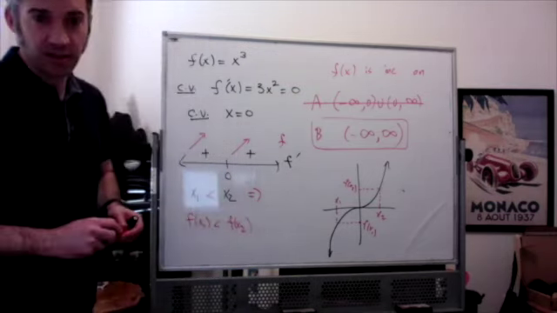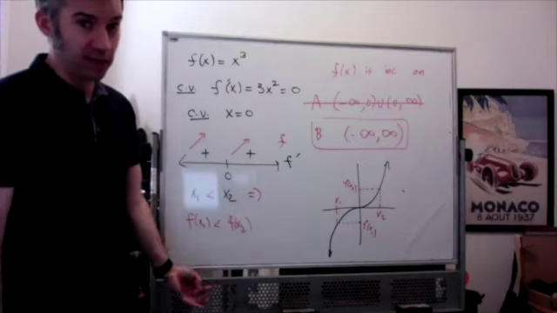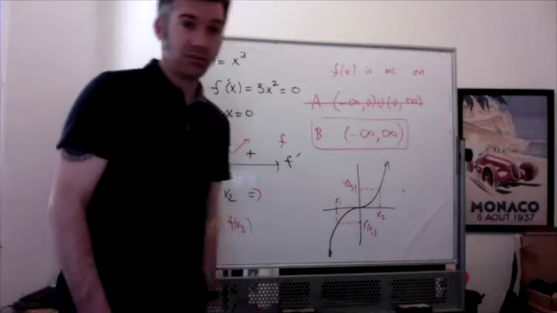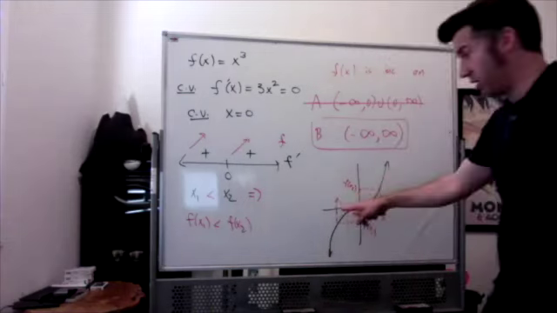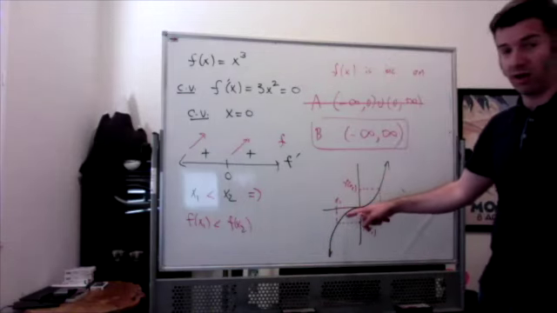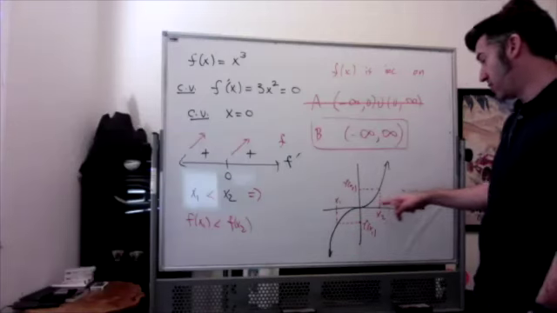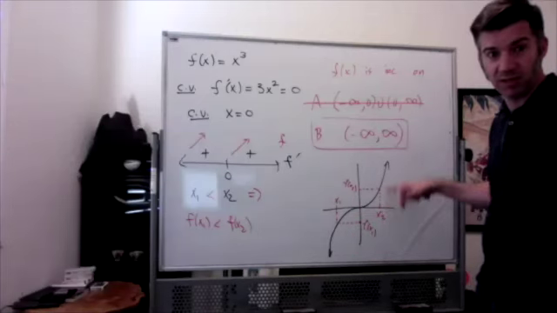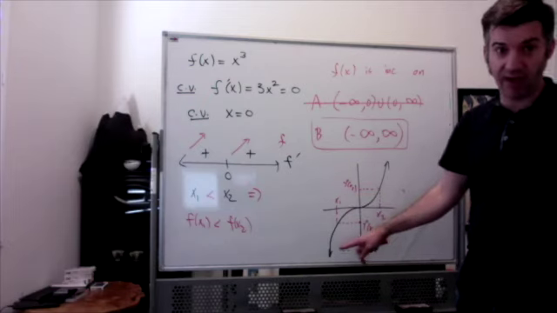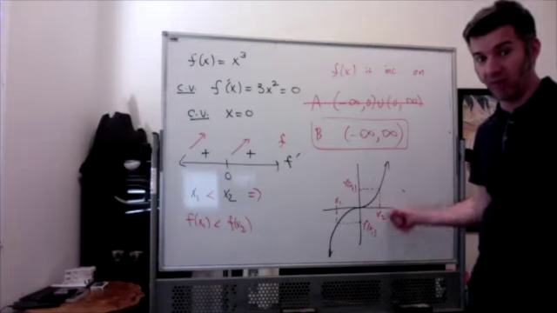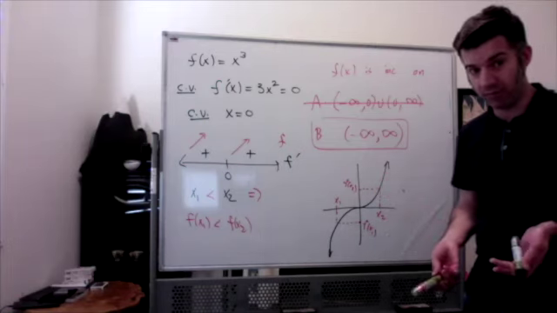But the thing is, that's true for any point in the domain of this function, including x equal to 0, right? If you pick a number smaller than 0, a negative number cubed is negative, whereas 0 cubed is 0. If you pick a number bigger than 0, a positive number cubed is positive, and 0 cubed is 0. So if you pick something to the left of 0, it's going to have a y value that's smaller. If you pick something to the right of 0, it's going to have a y value that's bigger. So this function is increasing everywhere.